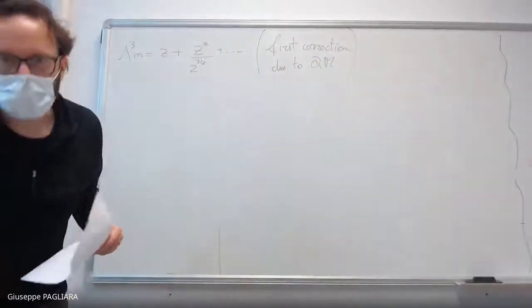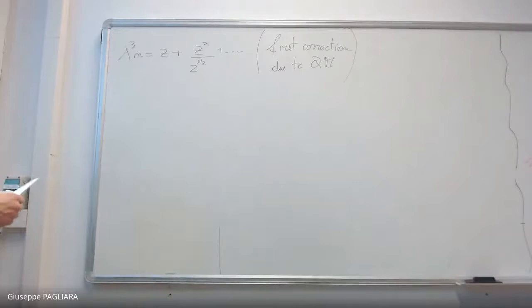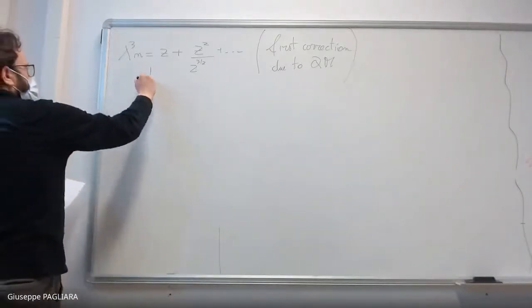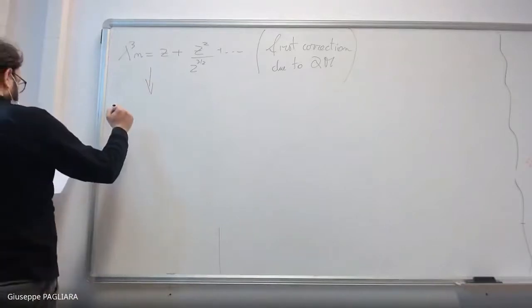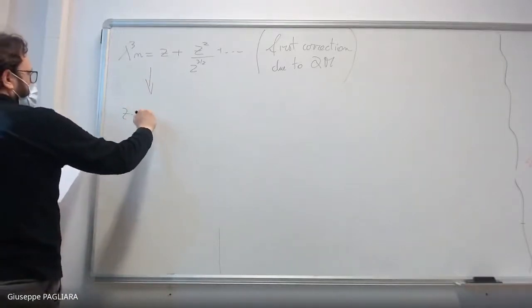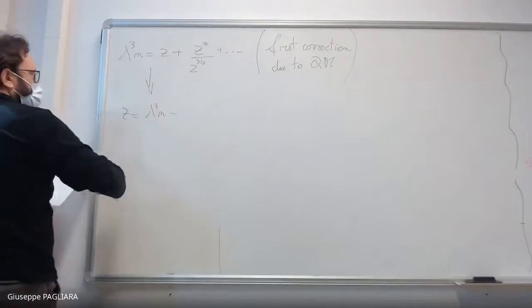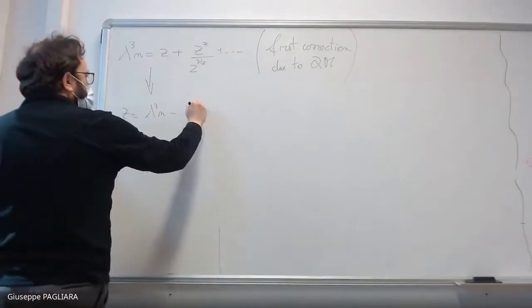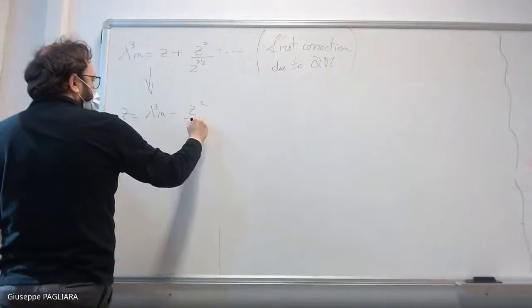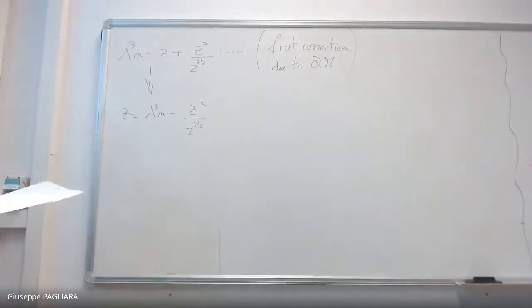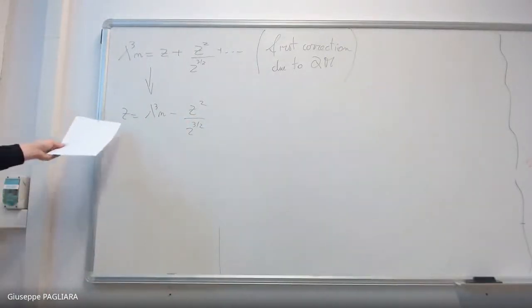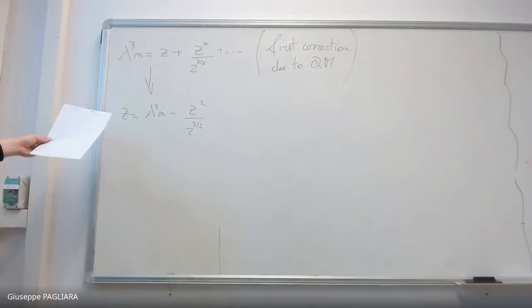First correction to the classical case. So what I can do is from here, I can write that z is equal to lambda cubed n minus z squared over 2 to the power of 3 half. Now, let's substitute in this equation the first ansatz that we have from the classical case, which was the limit in which z is going to 0.